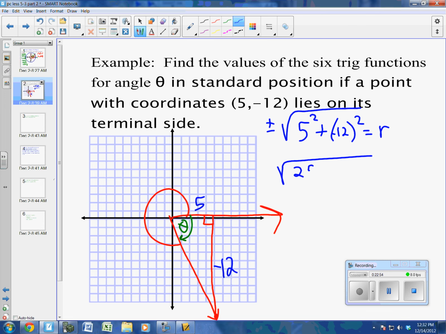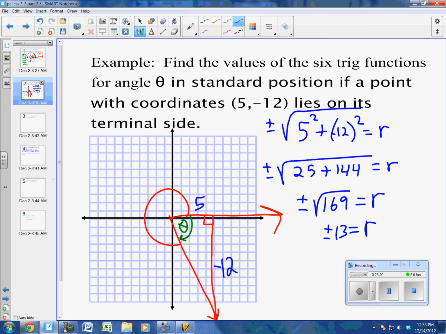And what is 12 squared? 144. And what is 25 plus 144? 169. Does anybody know what the square root of 169 is? It's 13. Okay? Now, this is plus and minus all the way down. I didn't write them on there, but this is plus or minus 13.